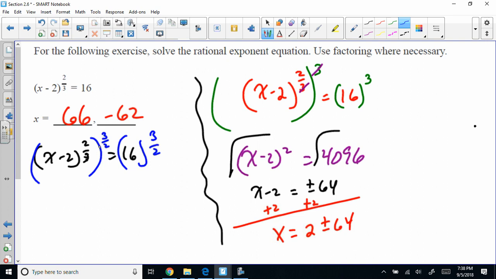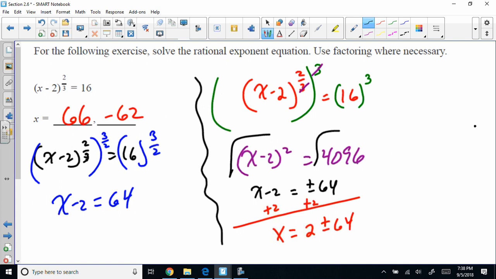So these cancel out. 6 over 6, so that leaves me x − 2 equals 16 raised to the 3/2, right? Which is really the square root of 16 cubed, right? Y'all with me? Square root of 16 is what? 4. 4 cubed is what? So you get back to here. So we did one extra step, right?